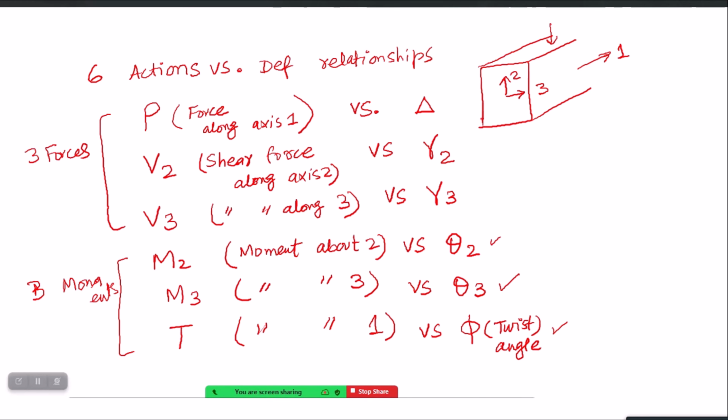So each of these 6 relationships, P versus delta, V2 versus gamma 2, V3 versus gamma 3, and so on, each of these 6 relationships is linear forever in a linear elastic computer model, and you can just simply define some constants which will become the slope of these relationships.